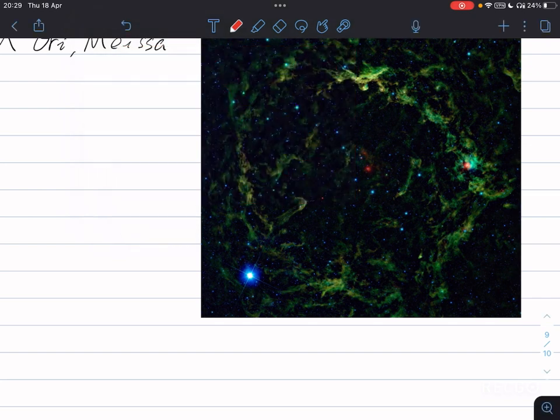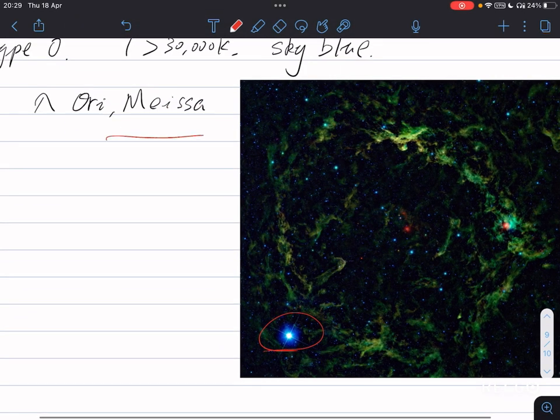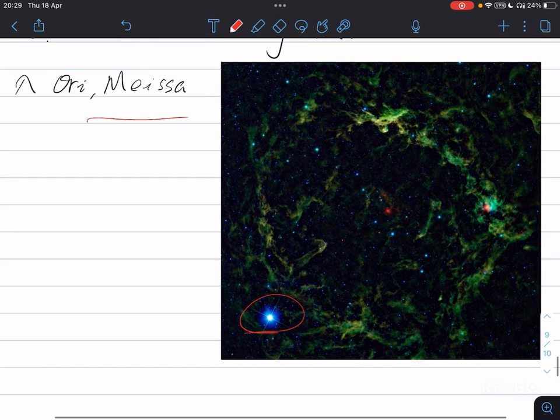See, this star is lambda Orionis. Its color is sky blue.